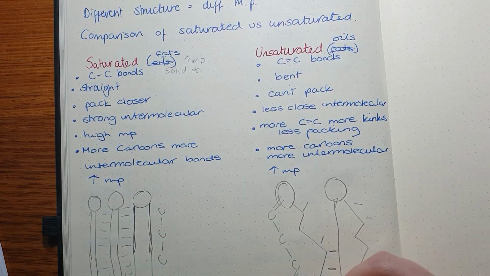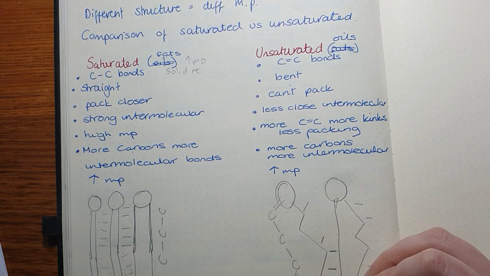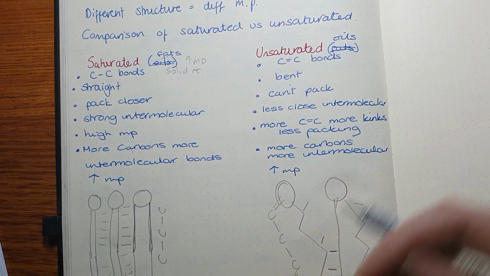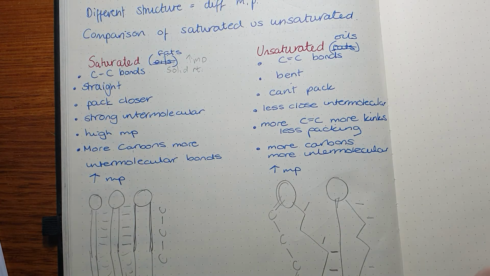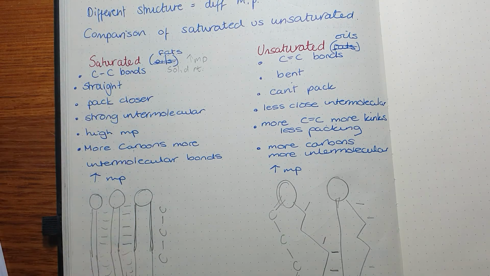The longer they get, again, there's more likely to be these intermolecular bonds that make it closer together. So it's going to make it more viscous, more likely to have a higher melting point. So we could think about comparing olive oil and vegetable oil.